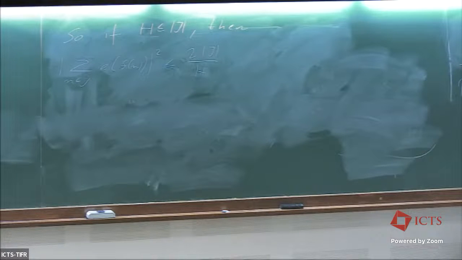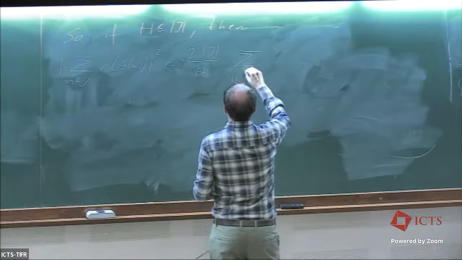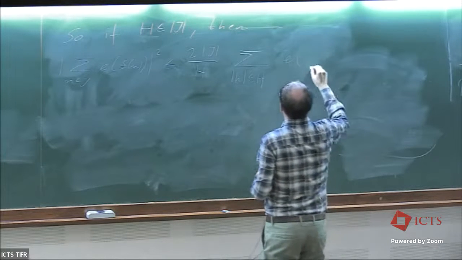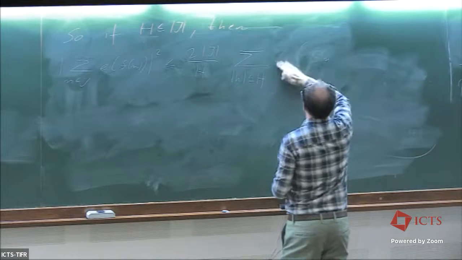Simply, we use the triangle inequality. H, that's not equal to capital H, e of f. Okay, sorry.